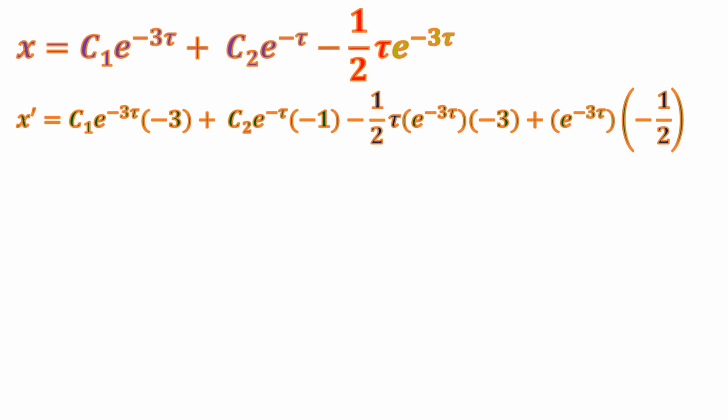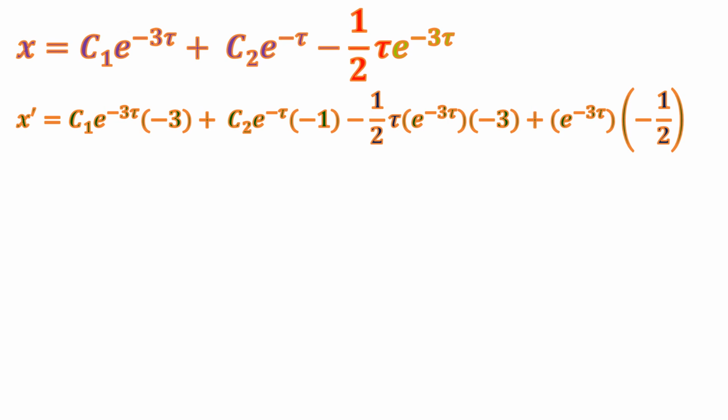No problem with the first and second terms because they are simple to differentiate. The derivative of c1 e to the negative 3t is just itself times the derivative of negative 3t, which is negative 3. And so with the rest for the second term.